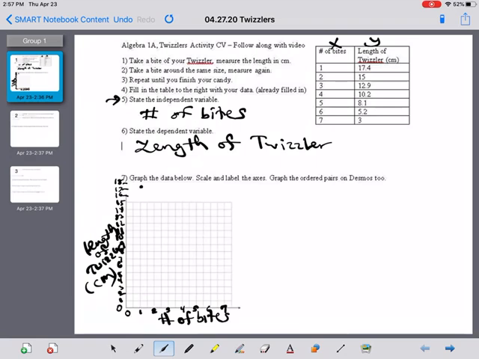So here's 1, 17.4, 2, 15, 3, 12.9, 4, 10.2, 5, 8.1, 6, 5.2, and 7, 3.